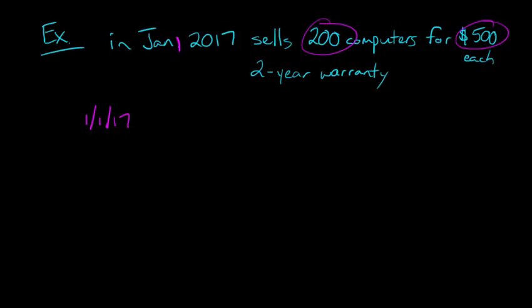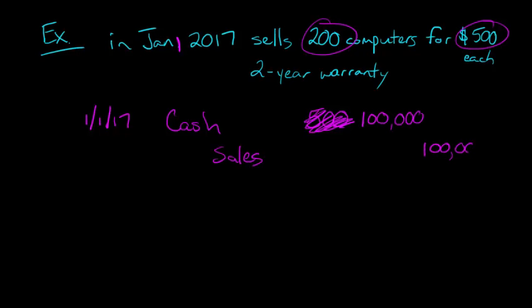From the firm's perspective, on January 1st, they're going to debit cash for $100,000, my apologies, and they're going to credit sales for $100,000. This is simply the 200 computers times $500 each, the sale price.